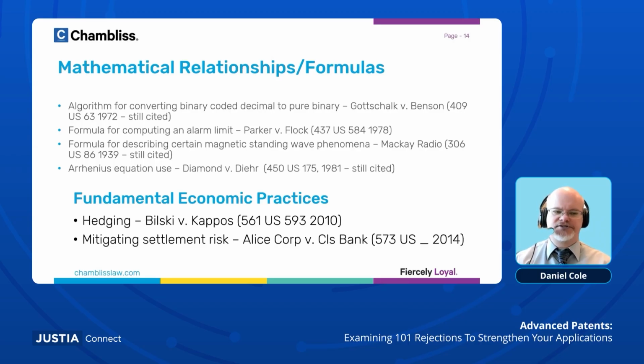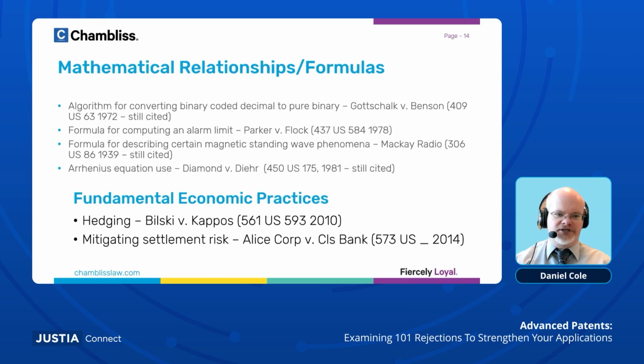The things that have fallen under this were an algorithm for converting binary coded decimal to pure binary. Not being a computer person, as we mentioned at the beginning, I'm a biochemist, so don't ask me to explain what that really is. If you're a computer person, you probably know. But if you're using an algorithm for that, the Court said it was just a mathematical equation, and this is now a problem with getting an abstract idea.